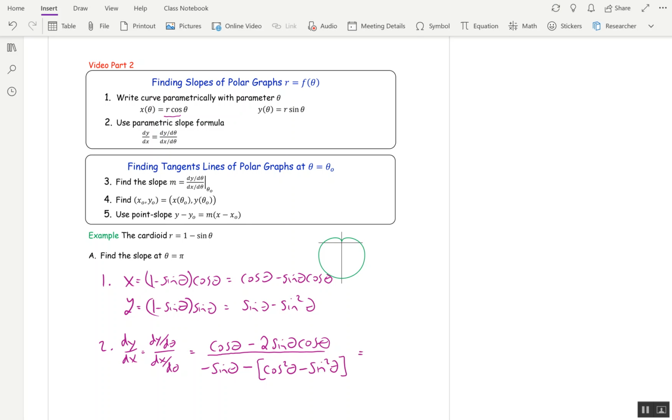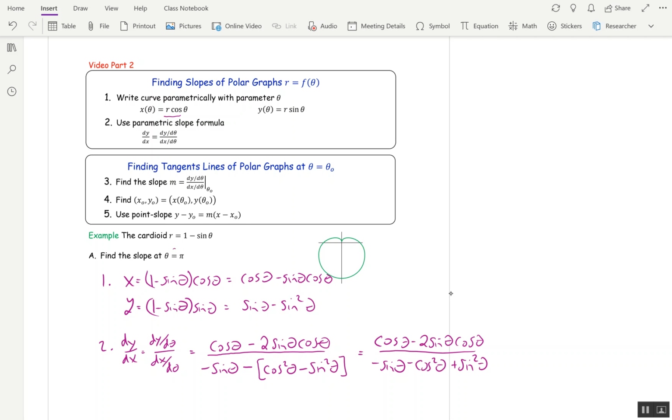All right, and the only cleanup I'm going to do is distribute that minus downstairs. So I'm going to leave the top alone, cos theta minus 2 sine theta cos theta, and then downstairs negative sine theta minus cosine squared plus sine squared. Okay, that's step 2. That gives me the slope at any value of theta.